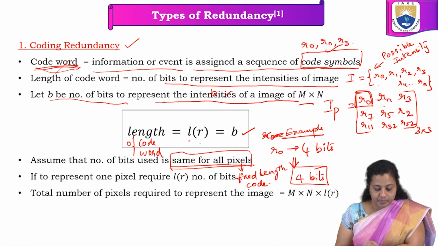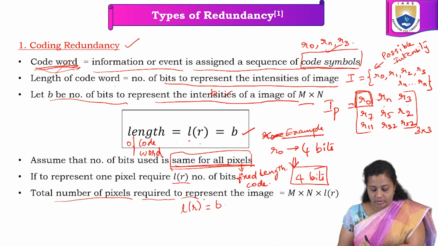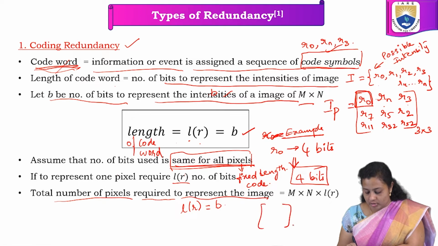Here, if it is the same for all pixels, then the length of the code word L of R is given by the number of bits, B. The image is of size m cross n.